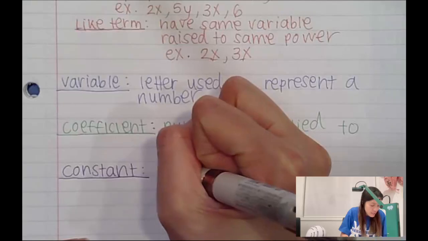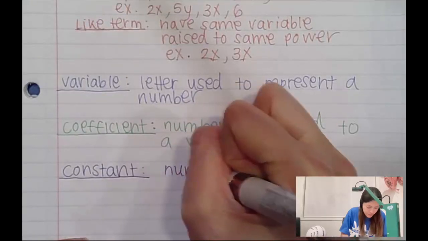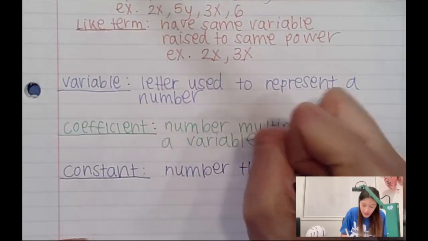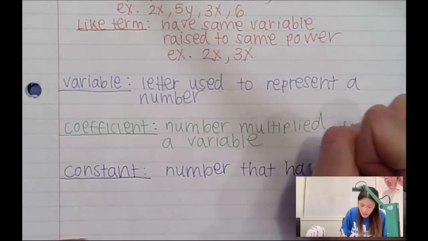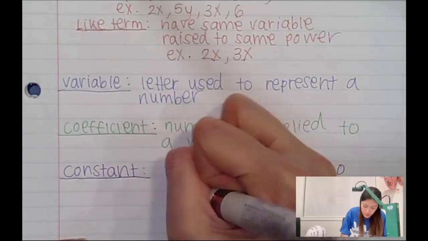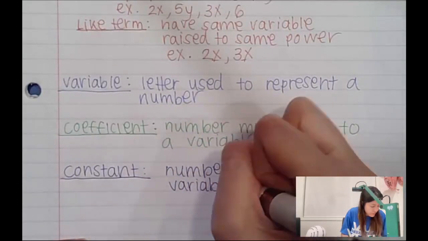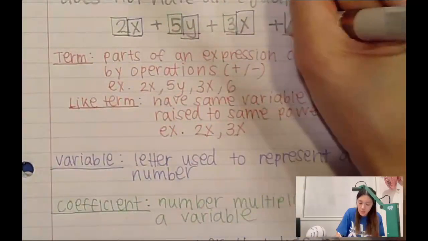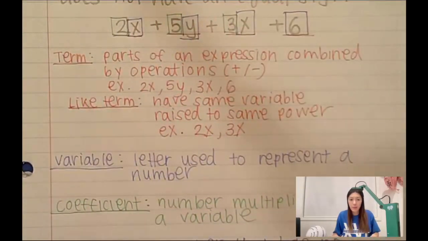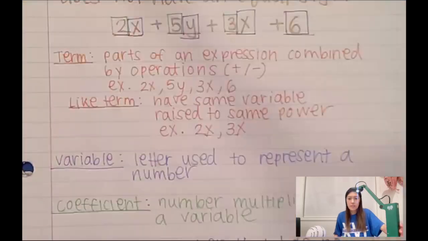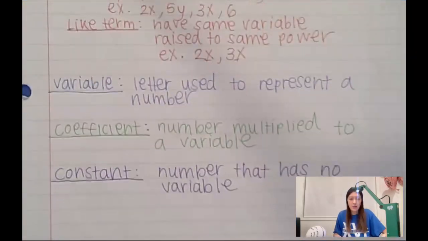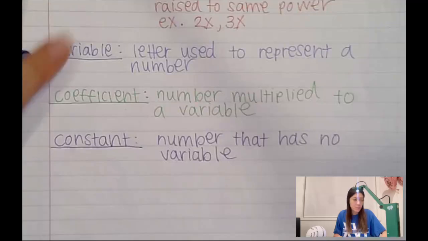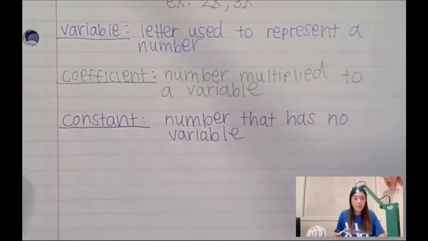So your constant is a number that has no variables, and that would be 6. I'm going to box 6 in my purple. These colors all look kind of similar on camera, but this should be blue, green, and purple.